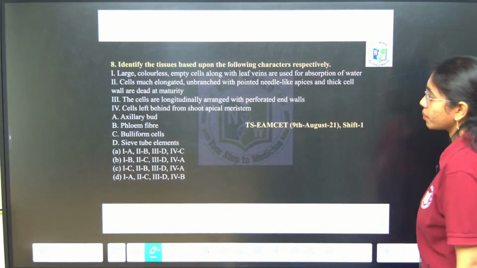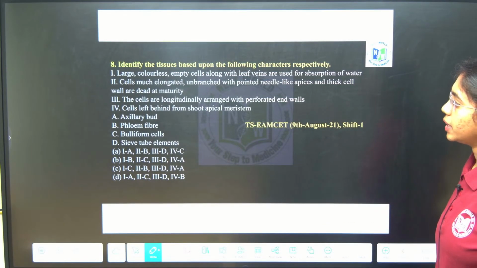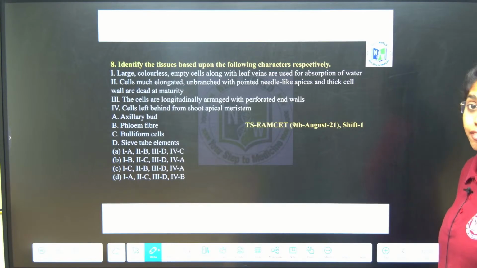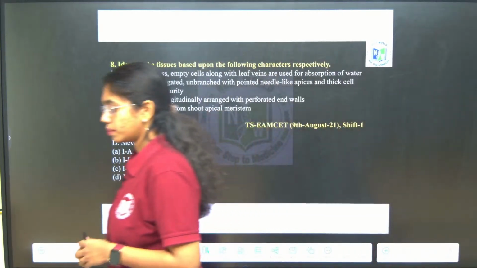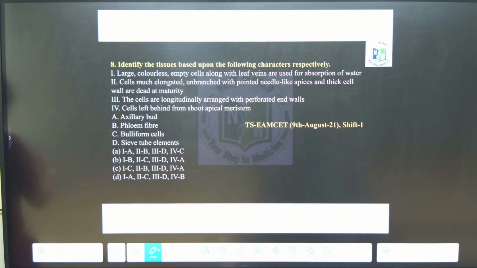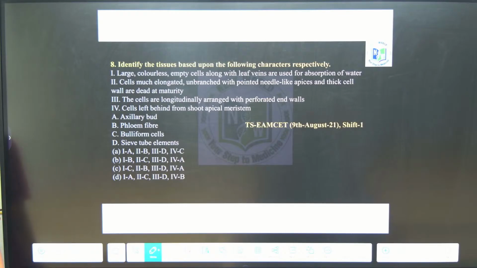Next question. You need to identify A, B, C, D options based on the statements they have provided. Here we go.